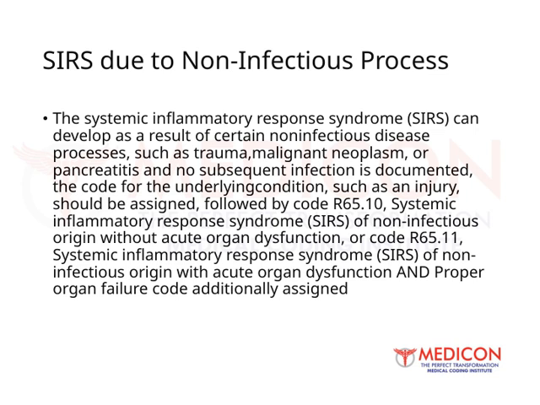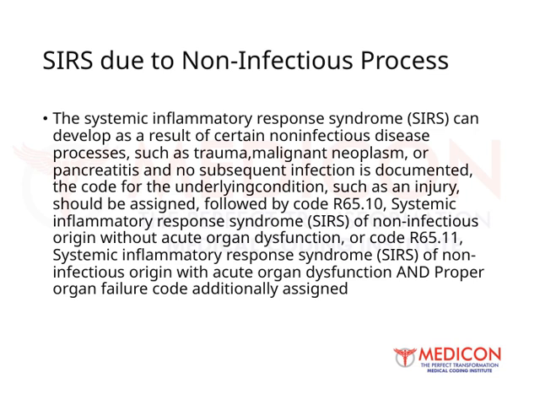It's important to note that if no infection is documented, we still need to code the underlying condition, such as an injury or other non-infectious cause. After coding the primary condition, we then assign code R65.10 for SIRS of non-infectious origin without acute organ dysfunction.